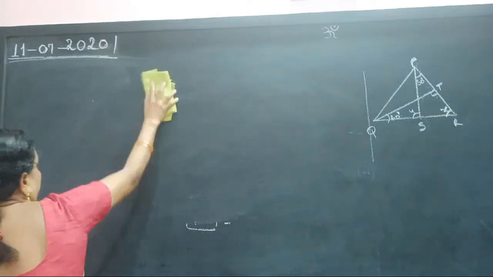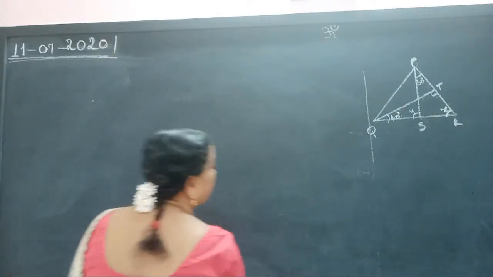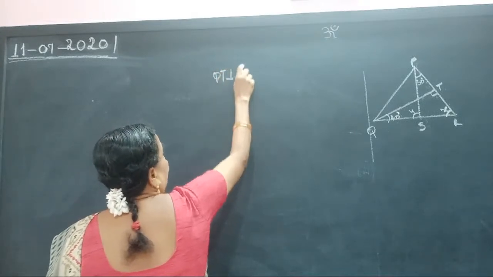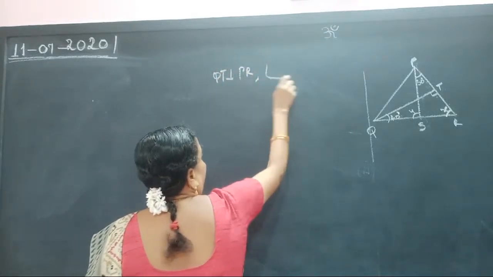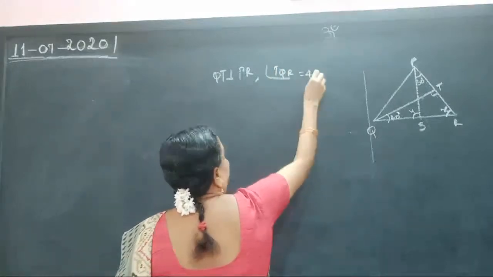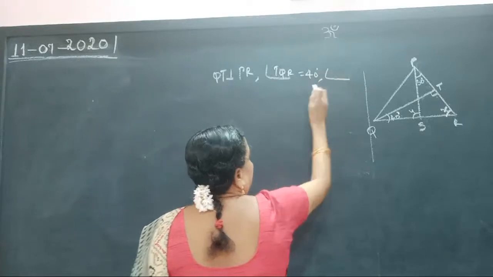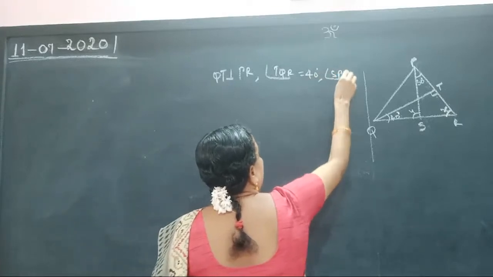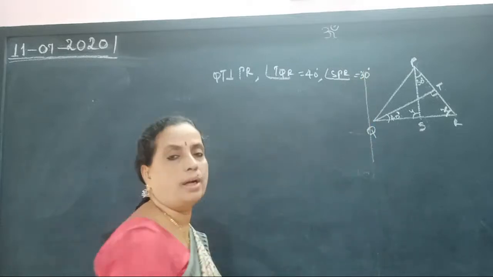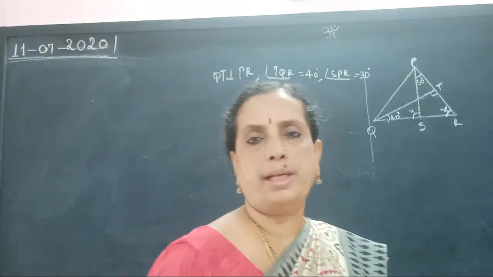Let us write first what is given. That is, QT is perpendicular to PR. Angle TQR equals 40 degree. Angle SPR equals 30 degree. So that is what is given. First step you write.